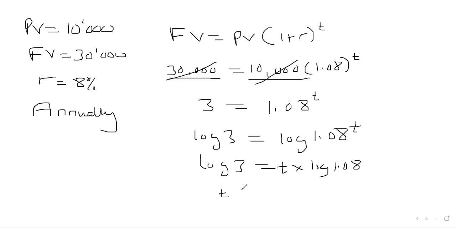So t will be log 3 over log 1.08. So this will give us a computation of log 3 divided by log 1.08. If you want, you can use ln 3 divided by ln 1.08, depending on who taught you. So this will give you 14.27 in years. Time is in years.